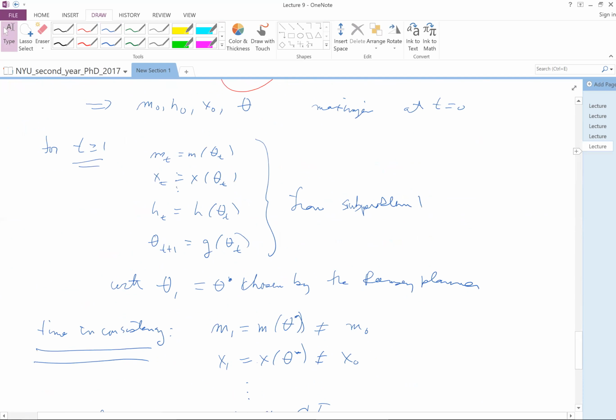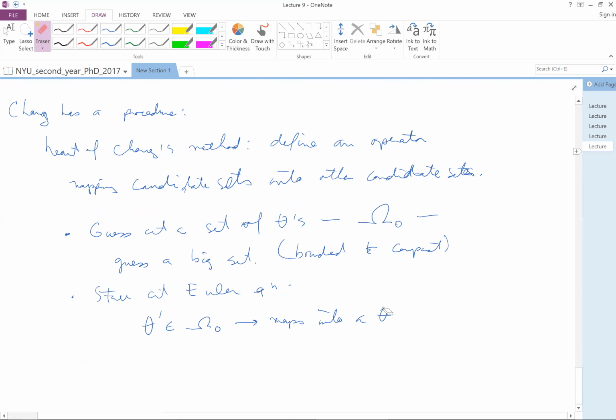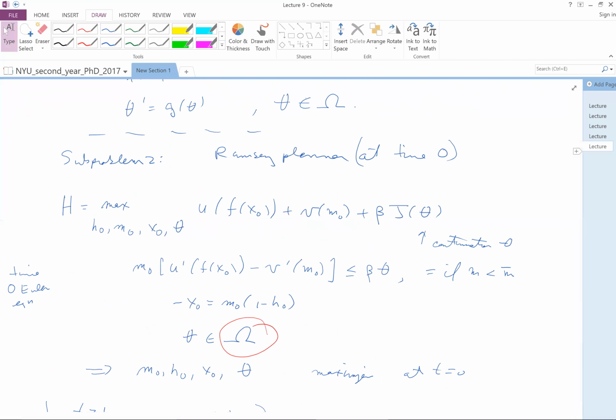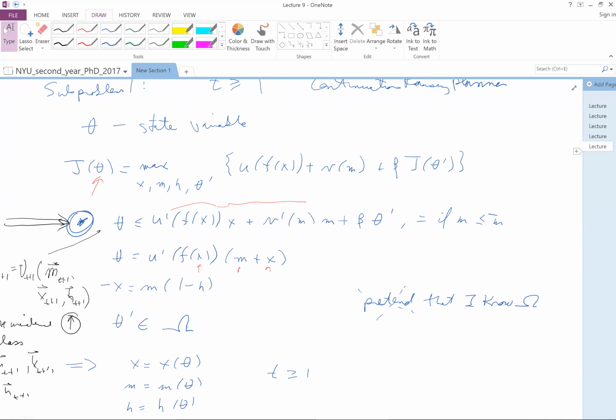Well, no, it's not really true. What does it do? It takes a theta belonging to omega 0 to this. So let's just stare at the Euler equation. What does that thing do?